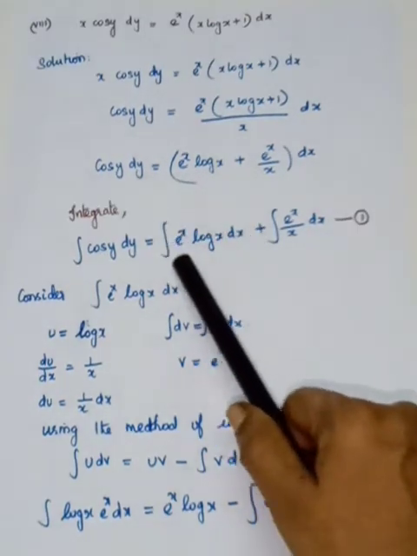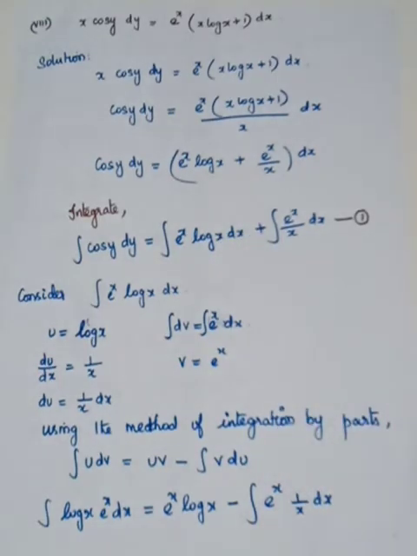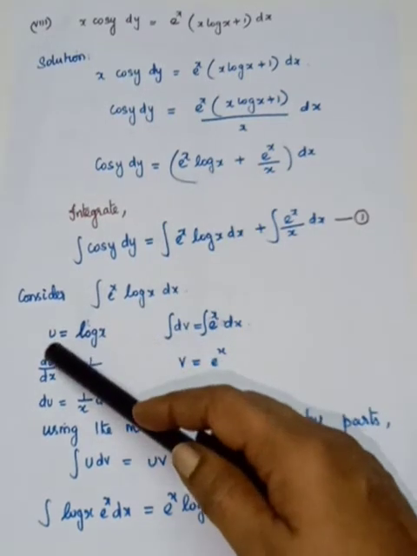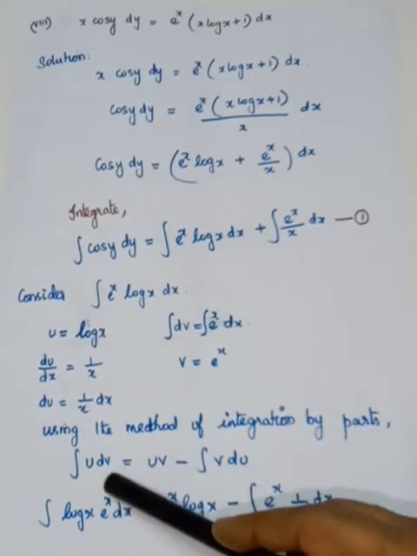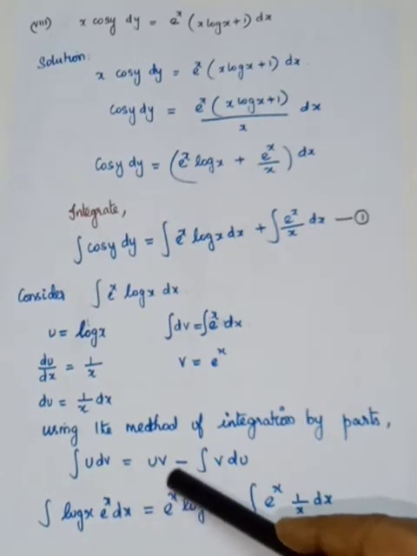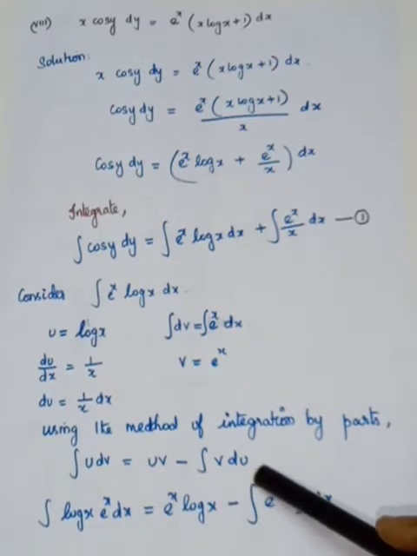So we have to integrate this term by using the method of integration by parts. For that, the integration by parts formula is integral u dv is equal to uv minus integral v du.